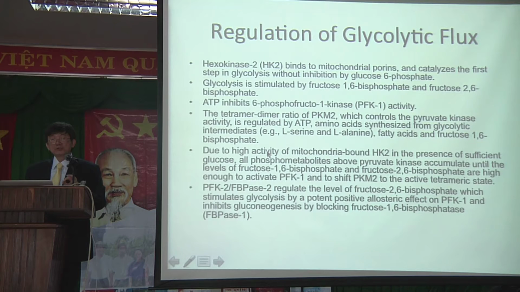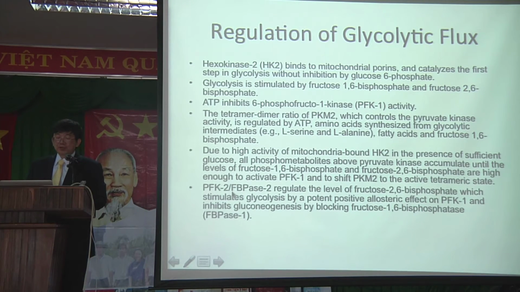Because of these changes, as you measure the level of the metabolites along the pathway, what we call metabolomic analysis, you can see that these are different compared to the metabolites of the same pathway in normal cells.